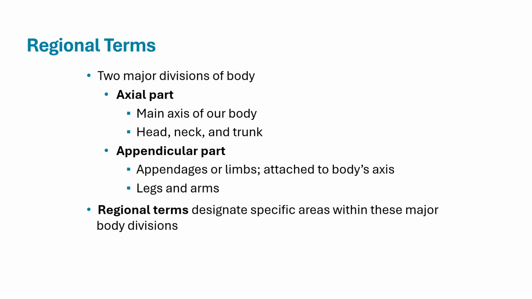Okay, so the arms and the legs, not the neck, the head, and the trunk part. So the axial part is basically our center core. The appendicular part is your arms and legs. Regional terms designate specific areas within these major body divisions.